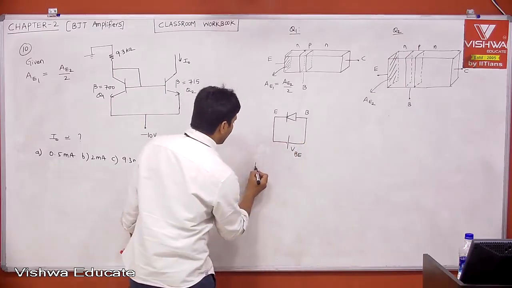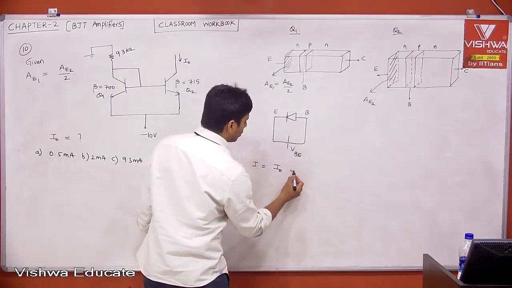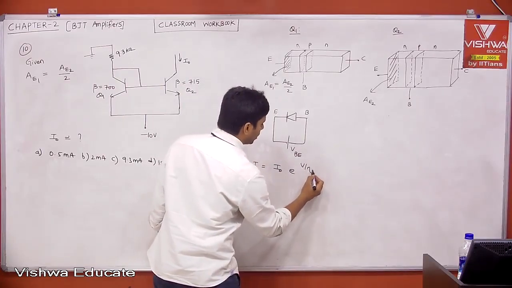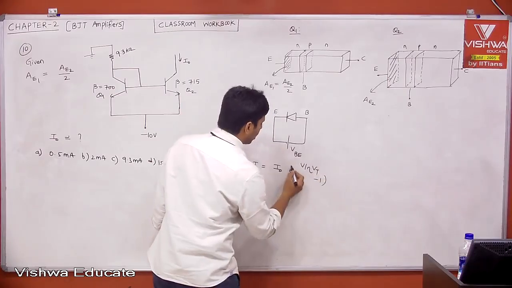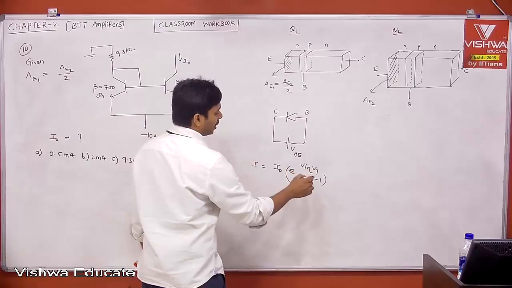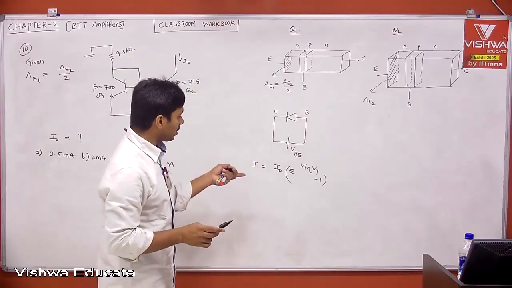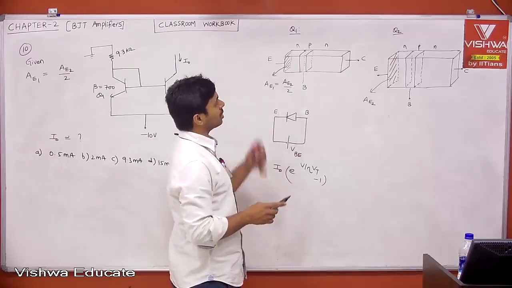Then for a PN junction diode, the current I is equal to I naught into e to the power of V by eta Vt minus 1. Here V is nothing but VBE, and eta is 1 for a transistor. But what is I naught? Remember, in this formula, where is the area of cross section?